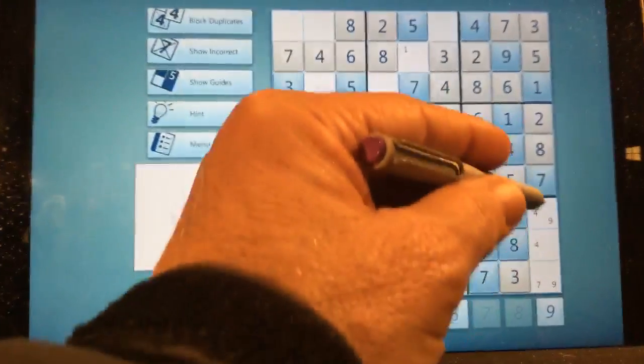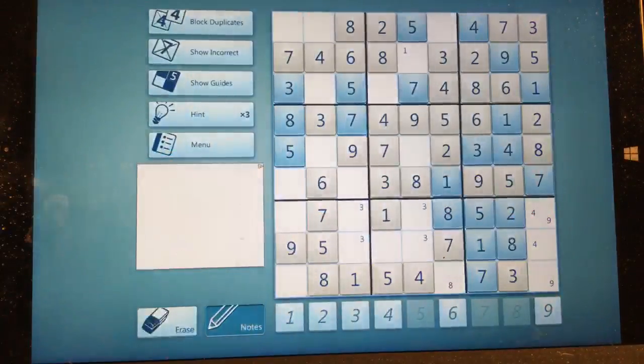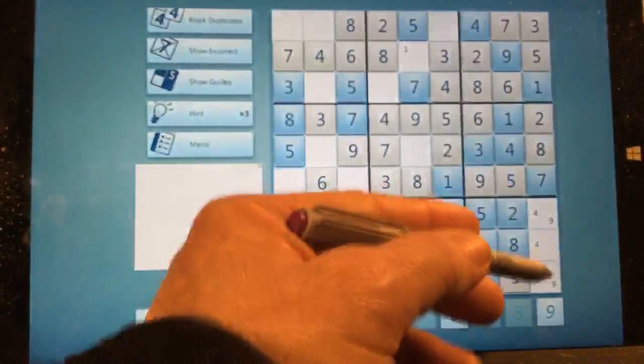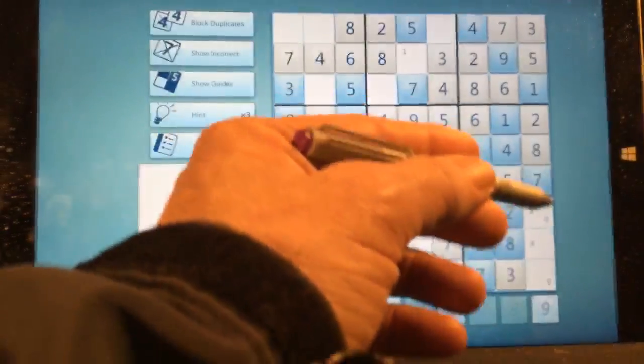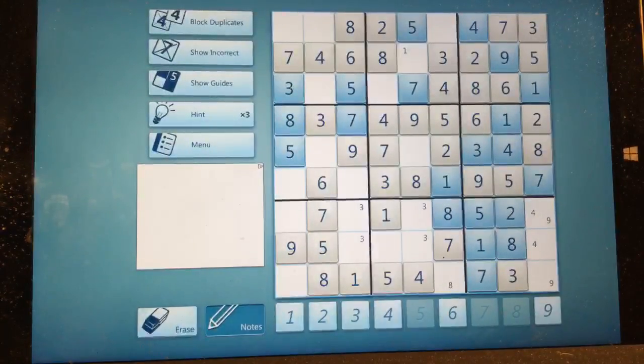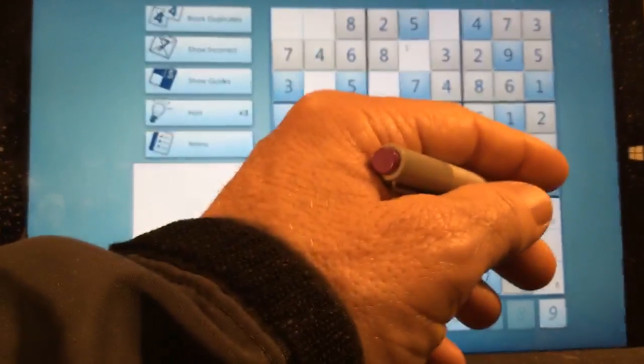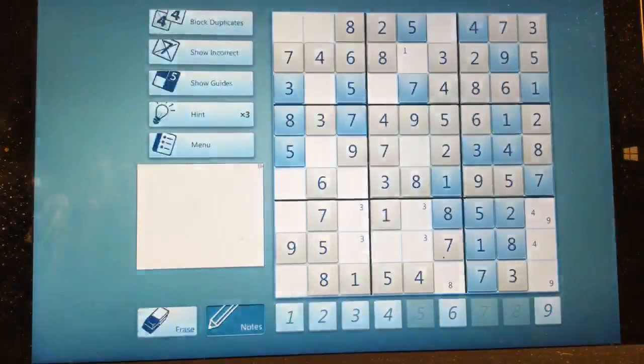And the 4 can be there or there, and we can get rid of this 7 because the 7 has been accounted for. And the 6 can be in either one of those 3 based on the information we have now. So again, we only write down a maximum of 2. So technically right now, based on the information we have, the 6 could either be there, there, or there.